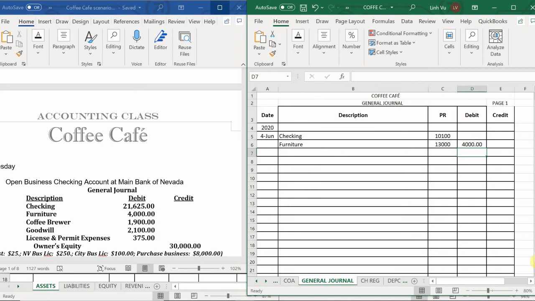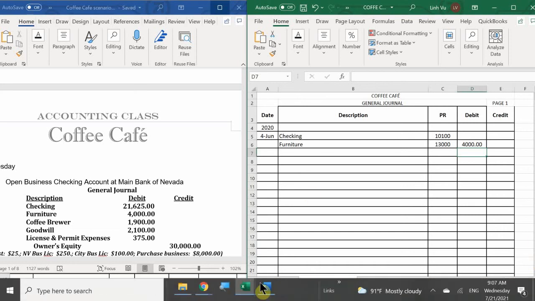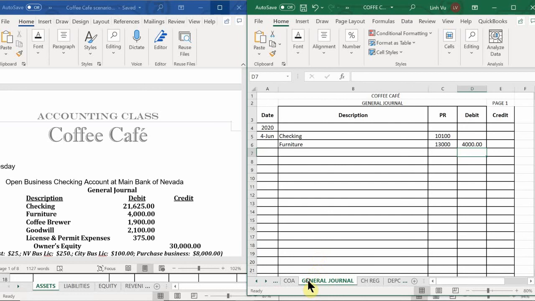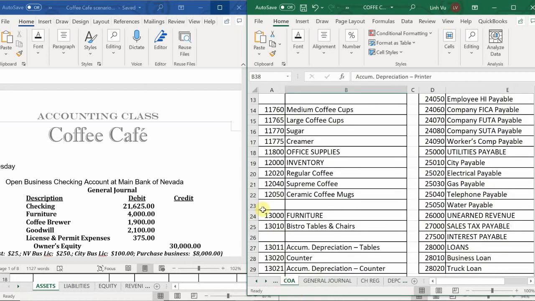Is it 13,000 or 1,300? Where do you see 1,400? No, the furniture. It's 13,000. Is it, or 1,300? I don't know. 13,000. Okay.